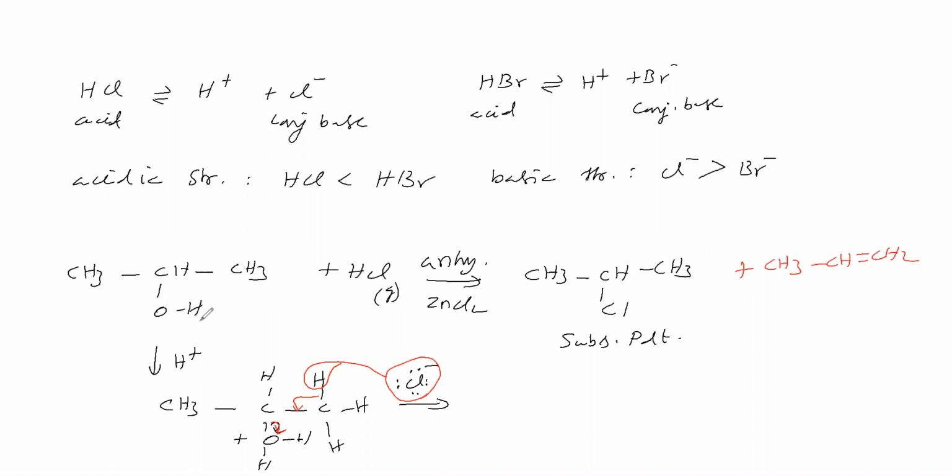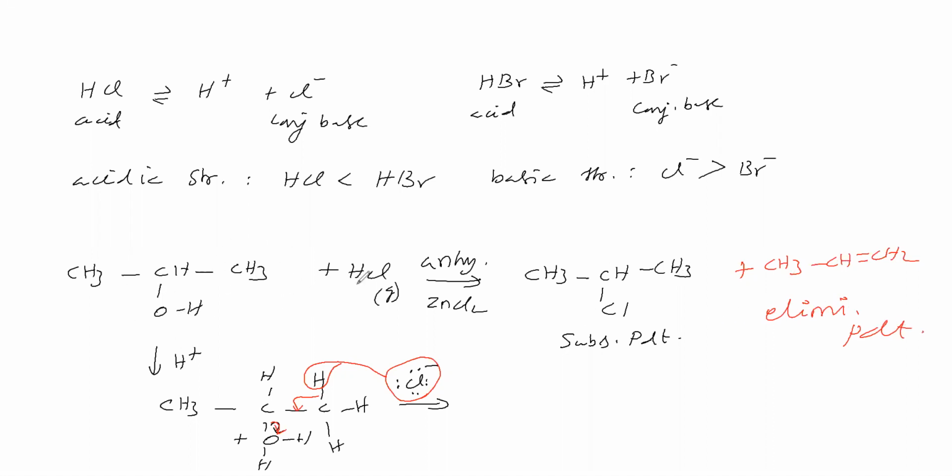That means one hydrogen and one OH group are removed. Therefore, removal of water from here gives this one, which is called elimination. We can call this an elimination product.